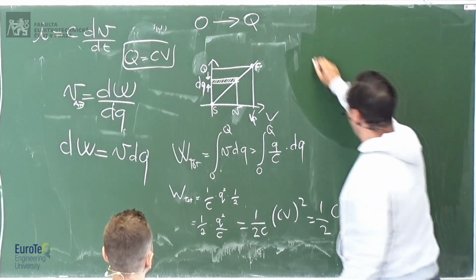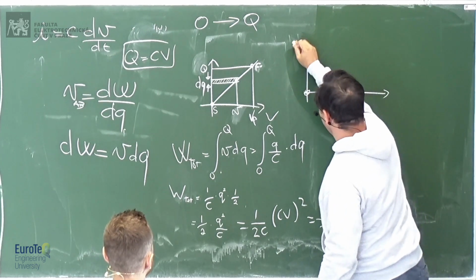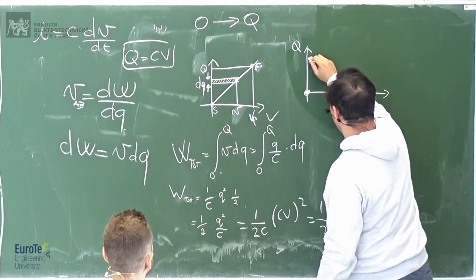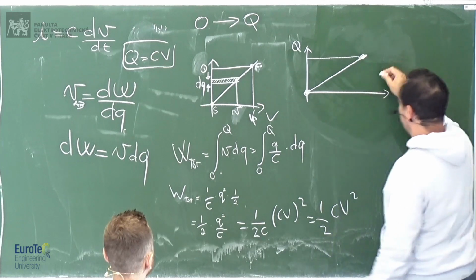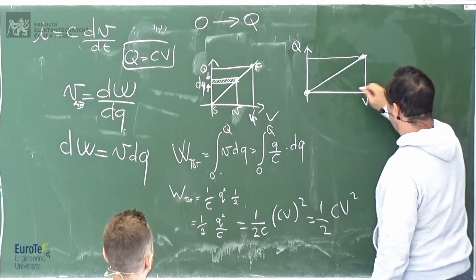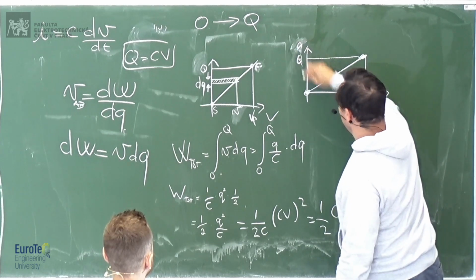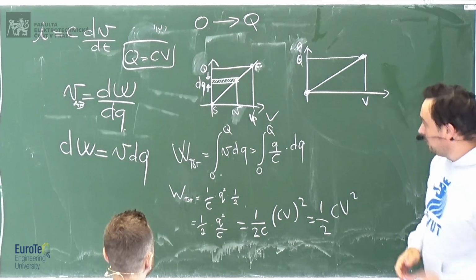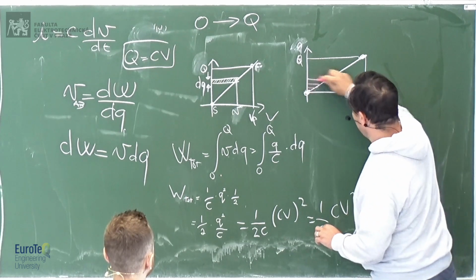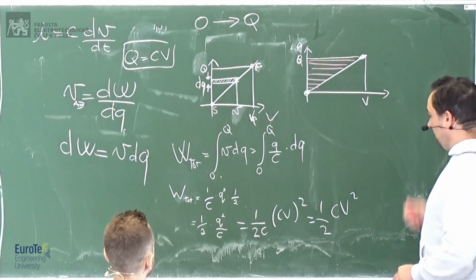Okay. So if you move from a point here where the charge is 0 to a point here where the charge is whatever the value is, let's call it small case Q, now the energy will be all of this, okay?